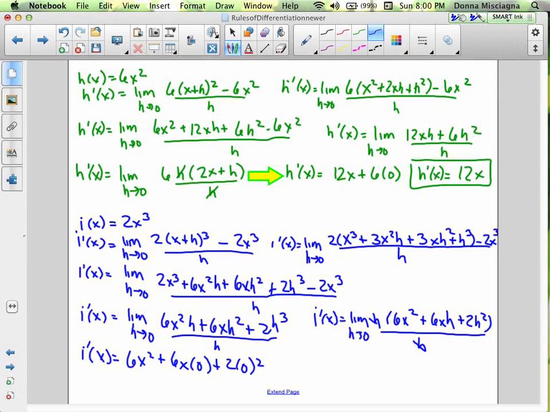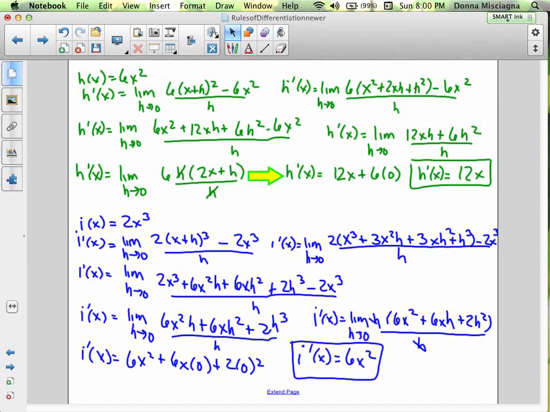All right, so that means that the derivative, i prime of x, is equal to 6x squared. All right, so the function was 2x cubed. Its derivative, i prime of x, is 6x squared. You see any relationship? Let's do another one, and I think the next one is done.